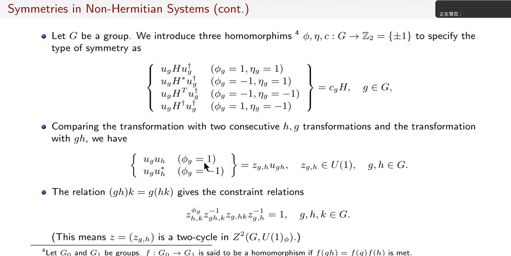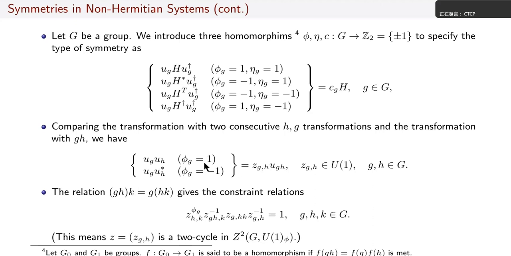Before the classification of symmetry, let me show some generic definition of symmetry. Suppose Z is a symmetry group like Z2 or G4 or G2 times D2.